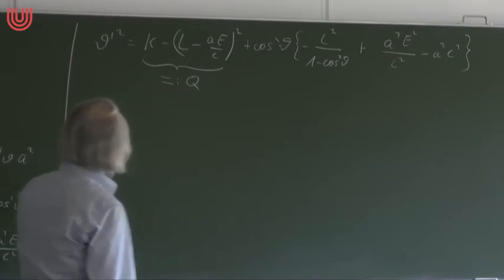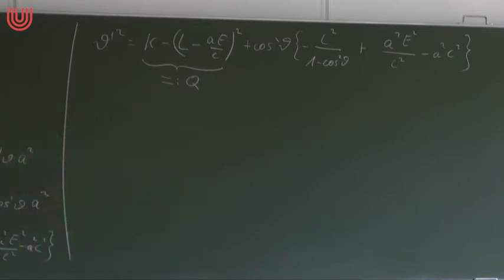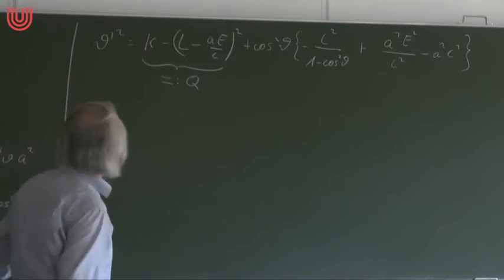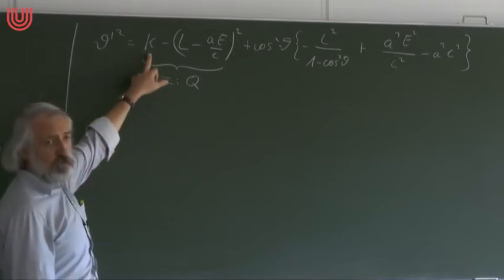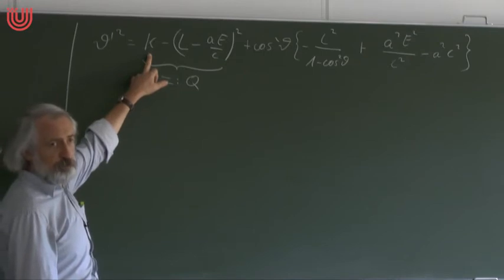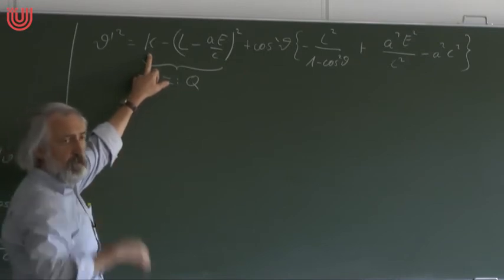So you have to be careful if you read a paper or a book about the Kerr metric, when they speak about the Carter constant, what do they mean? Do they mean the K or do they mean the Q? Actually, the K is maybe a little bit easier accessible for interpretation, because in the Schwarzschild case it becomes just the square of the angular momentum, the vector L squared.